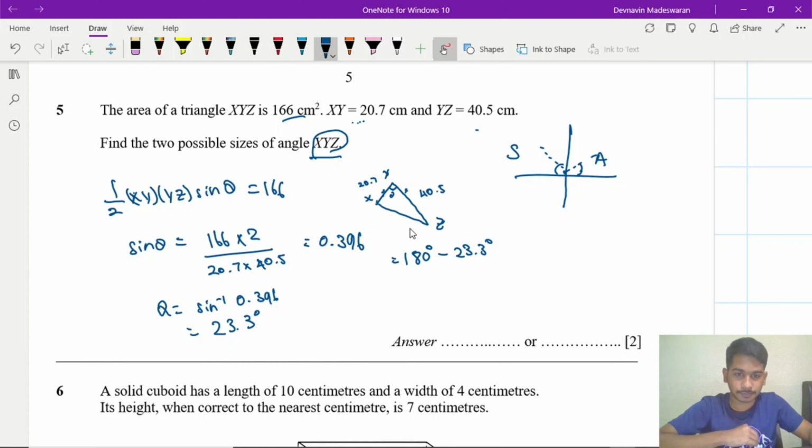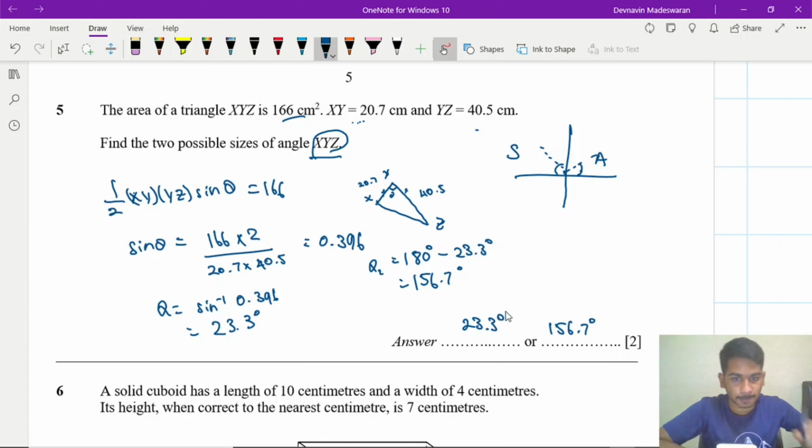So let's do that. 180 minus 23.3 is going to be 156.7 degrees. So we have 156.7 degrees or 23.3 degrees. To check the answer, we can just write sine 156.7 and we will get 0.395, which is close to 0.396, actually 0.3955. So yeah.